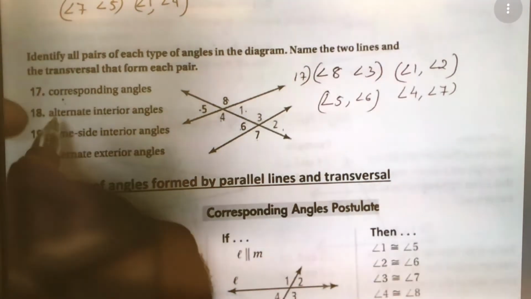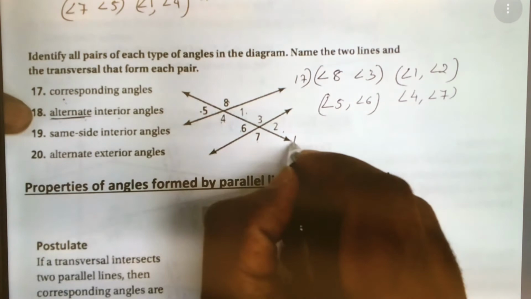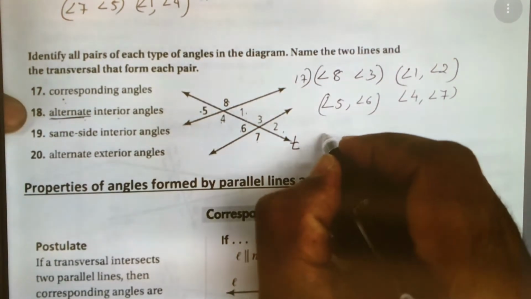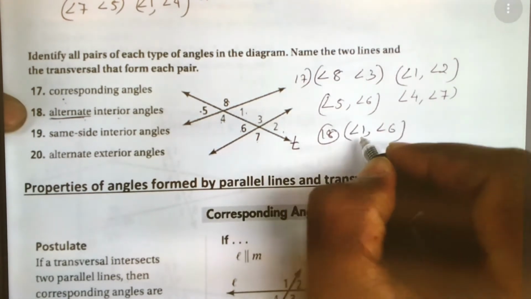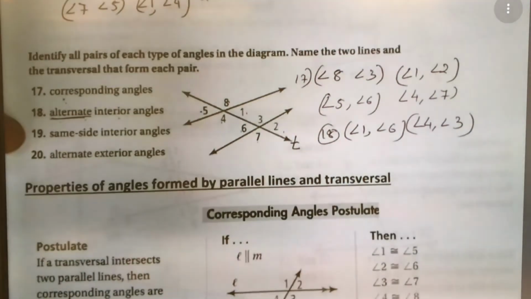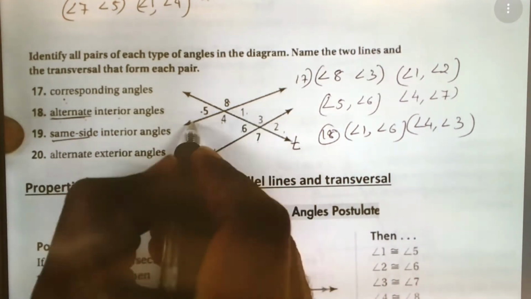The next one is alternate interior, on both sides of the transversal line and inside the 2 cutting lines. So the answer for 18 is angle 1 and angle 6 and angle 4 and angle 3. Same side interior means on the same side of the transversal line and inside those 2 lines.